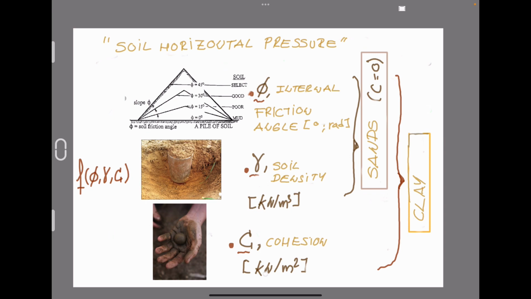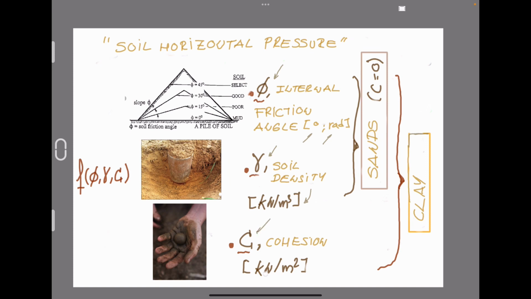The first one is the internal friction angle, defined by the Greek letter phi, normally measured in degrees or in radians. We also have the density of the soil, identified with the Greek letter gamma, with typical units of density, for example, kilonewtons divided by a cubic meter.